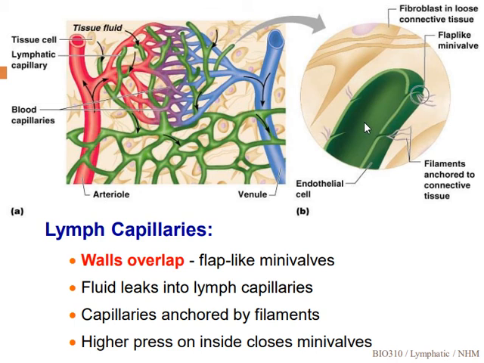Therefore, it will produce a higher pressure to open this mini valve and let the fluid get into the lymph capillaries. And then the higher pressure inside the lymph capillary later will push the mini valve to be closed. And this lymph capillary is anchored by the filament to the connective tissue. Okay, this one.